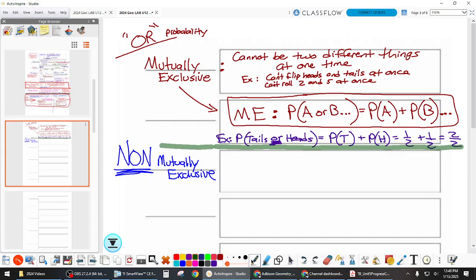Okay. If mutually exclusive means it can't be the same thing, then what must this mean? Yeah, that it can be the same thing at the same time, okay?